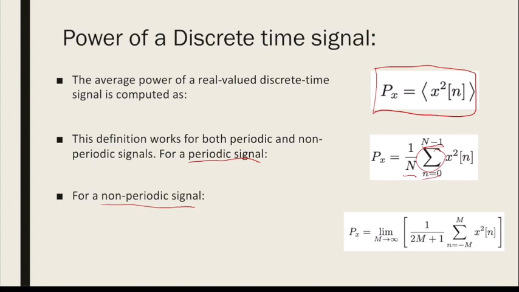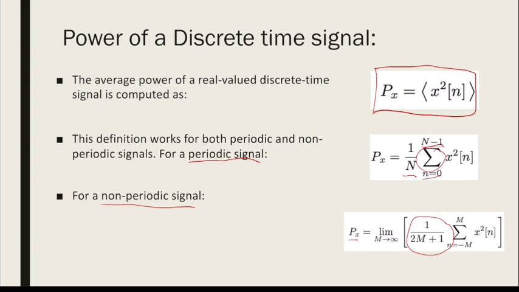And we have the second equation, which is used for non-periodic signals, where Px is the limit as M goes to infinity of 1 over 2M plus 1, the summation from n equals minus M to M of x squared of n.